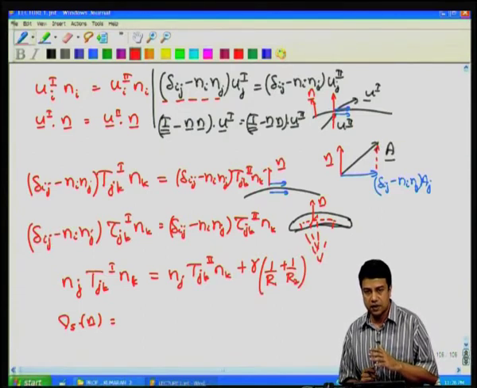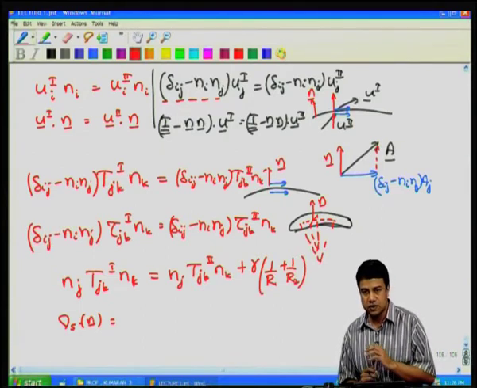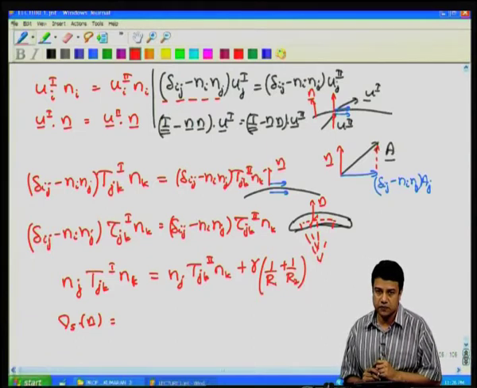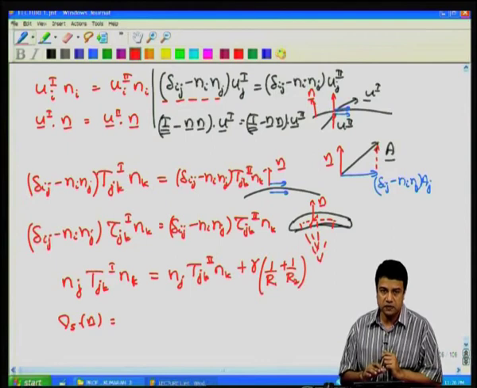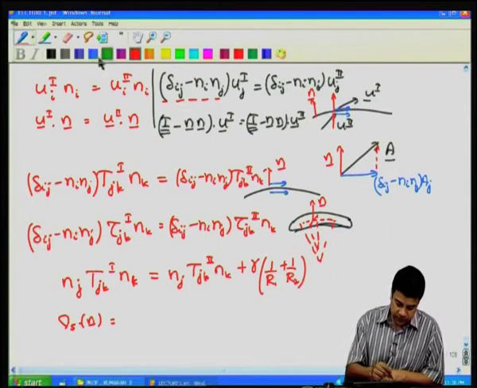And that divergence of n can also be used instead of 1/R1 plus 1/R2. That is a little bit outside the scope of this course, so I will not discuss that in detail, but just to show you that basically this surface tension force can also be expressed in terms of the divergence of the unit normal at the surface.